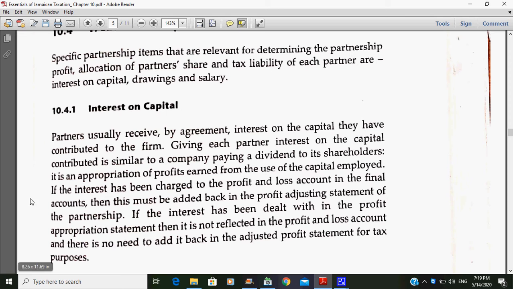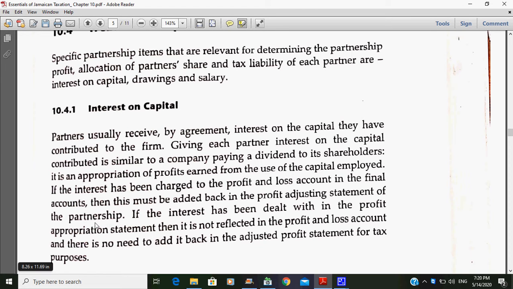Let me go again. If the interest on capital has been charged to the profit and loss account in the final accounts, meaning in the income statement, then this must be added back in the profit adjusting statement of the partnership.